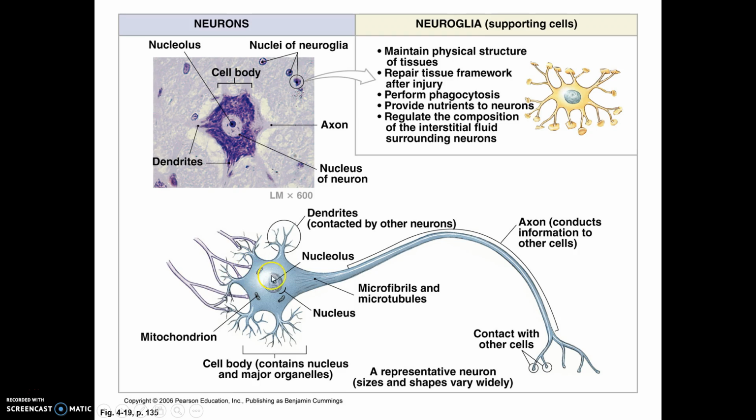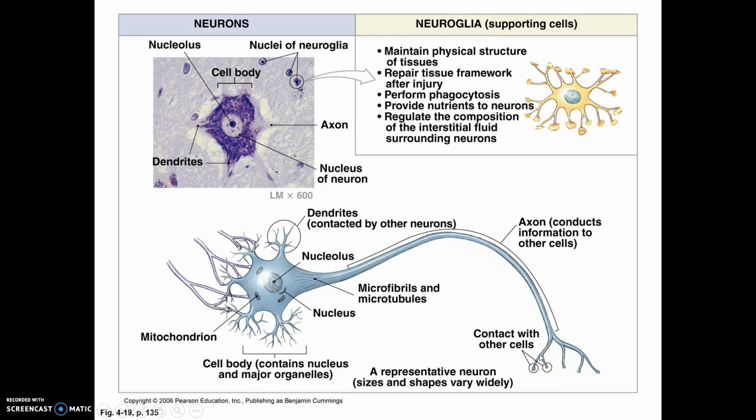Then we see the very last part of the cell called the axon, and the axon is where we send information. In other words, an impulse called an action potential is generated and moves down this axon, and when that impulse gets to the very end of the axon, where it synapses with either another neuron, a muscle, or a gland, it releases the neurotransmitters, and that causes some sort of response in whatever it is synapsing with.